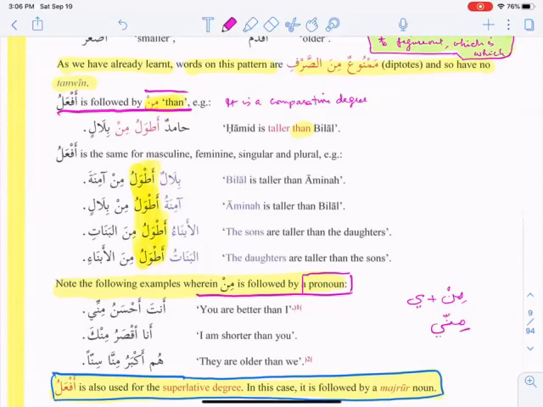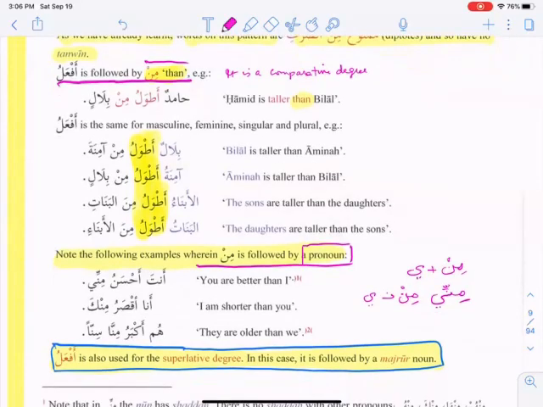This is the way we will write min ni. Did you get the idea? What is actually happening here is min and then noon and then ya. So there are two noons here. One is from min and the other one is from nun al-wiqaya. It will come inshallah. So you got the idea?